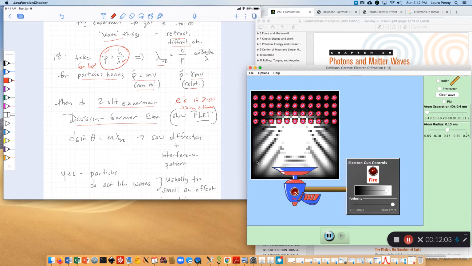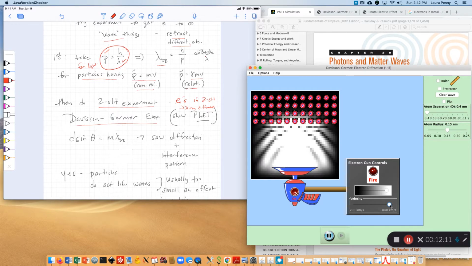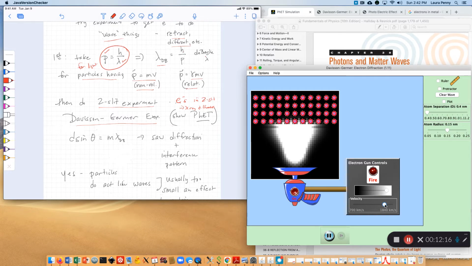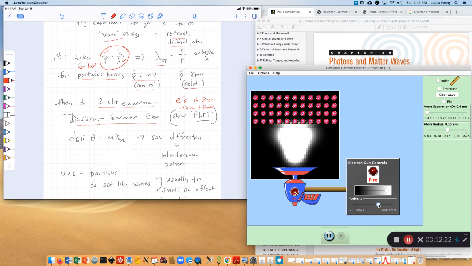And there are places where we don't get any electrons, and there are places where we do get electrons. And if we change the speed, which would mean that we would be changing their momentum, we get a different pattern. As we change the speed, we have different amounts of momentum, and we get different patterns. You can actually make this look kind of like a face.